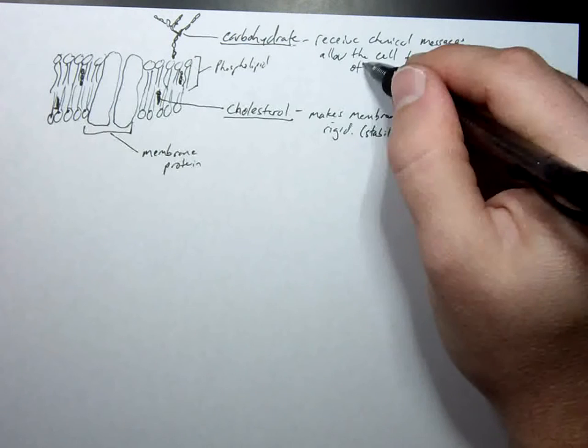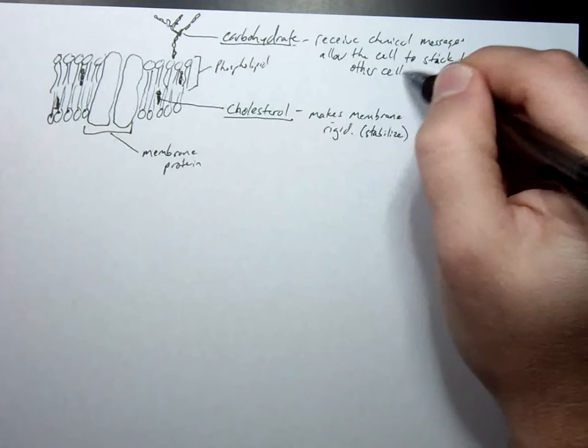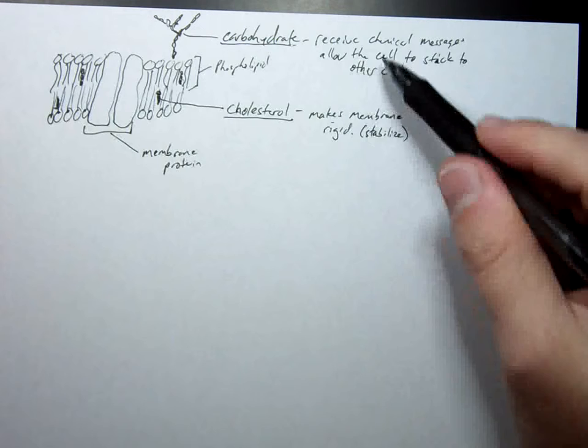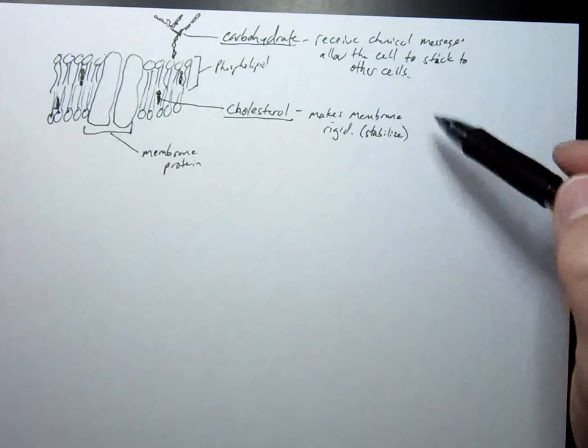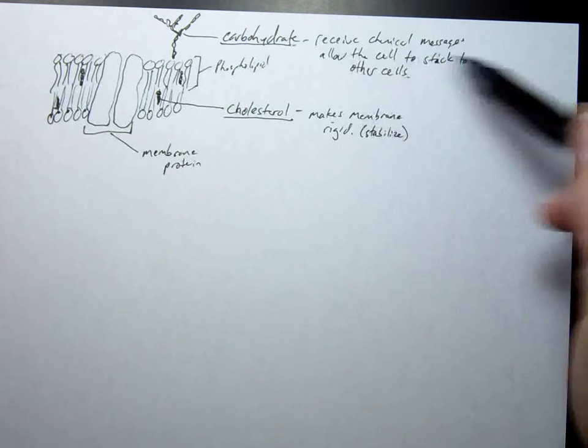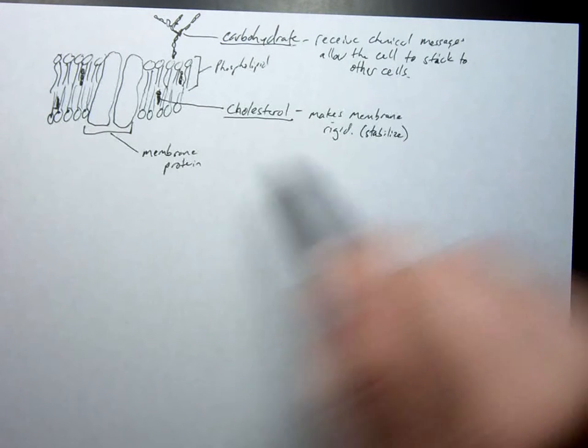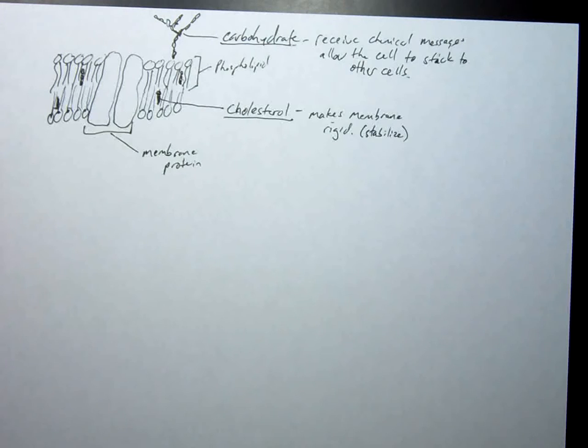Okay, so the carbohydrates will receive chemical messages, or receptors will receive chemical messages. Proteins can do that too sometimes. They also allow the cell to stick to other cells. So in the body we have lots and lots of cells that are stuck to other cells. These things help with that process too.